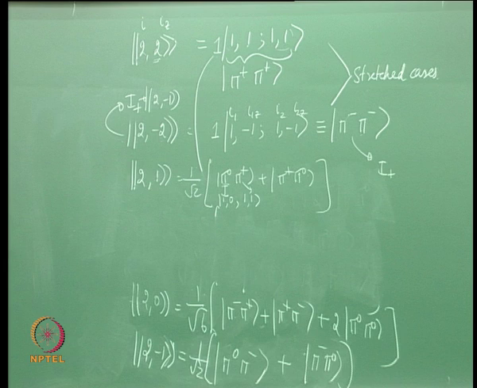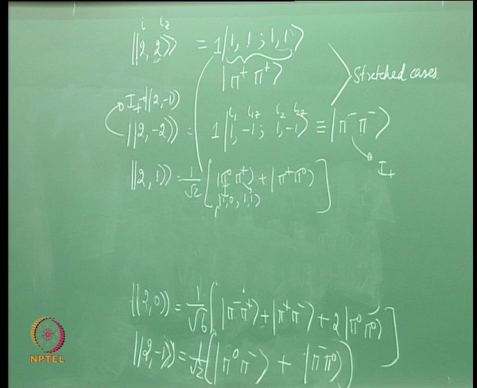Similarly, when we say pi plus pi 0, the pi plus is from the first beam and the pi 0 is from the second. So this is the way we distinguish between the state pi 0 pi plus, with pi 0 as the first entry and pi plus as the second entry, in contrast to a state with pi plus as the first entry and pi 0 as the second entry.